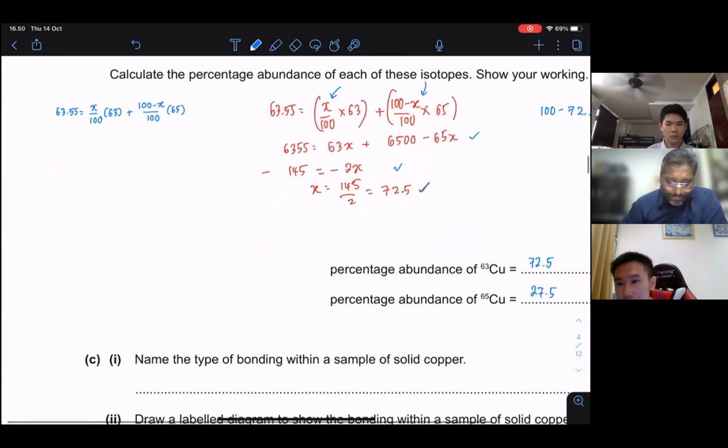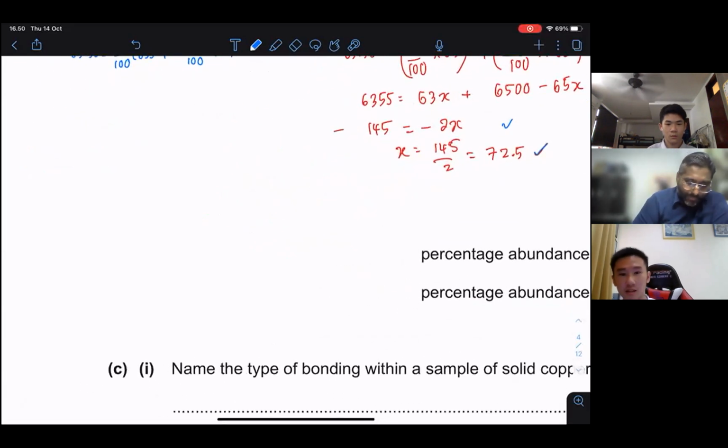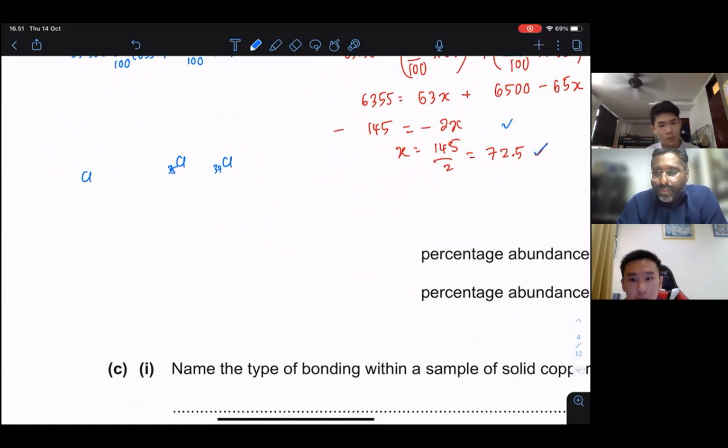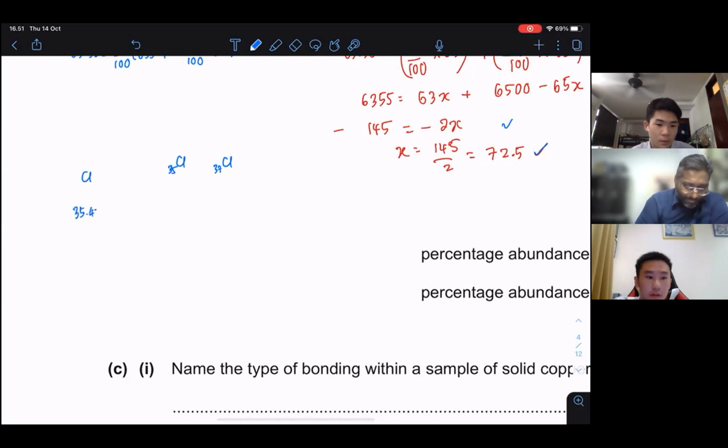Can. You see, when you have chlorine, it is built from two types of isotope. If you can remember, chlorine 35 and chlorine 37. The actual value that you get from your data booklet is 35.45 or 35.5. Let's take 35.5.